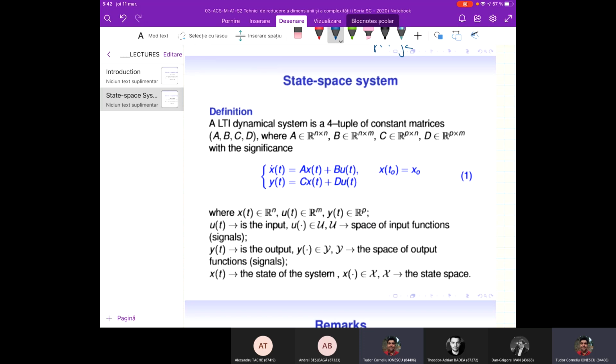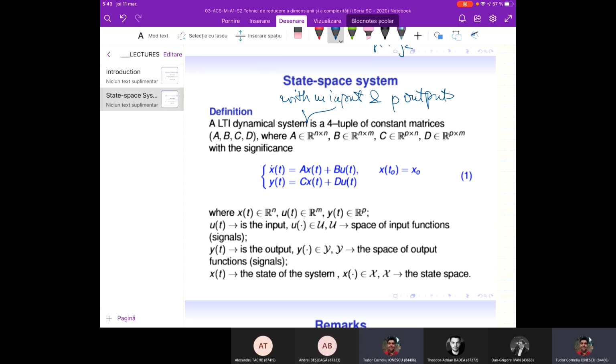So a linear dynamical system, I would say here, with m inputs and p outputs, is this object with the following significance.